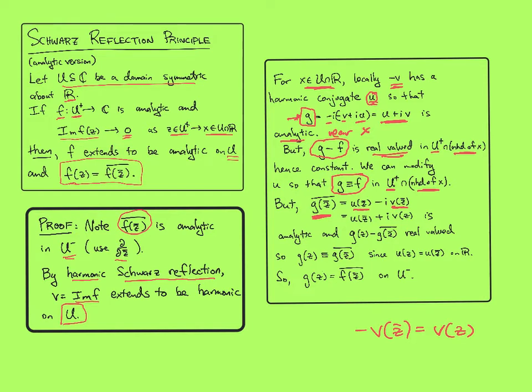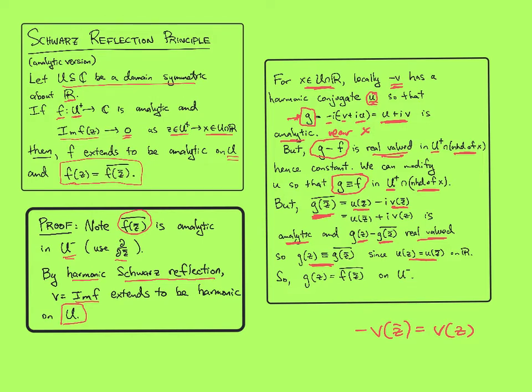And so this reflection of g is analytic, and g minus its reflection is again real valued. And so you get that g is identically equal to its reflection across this line.